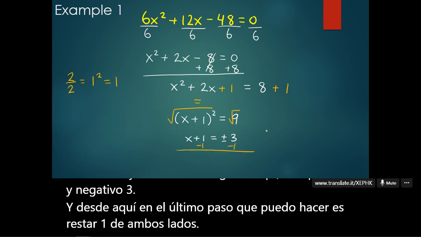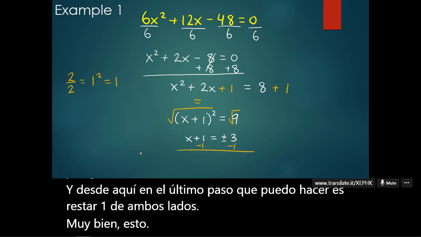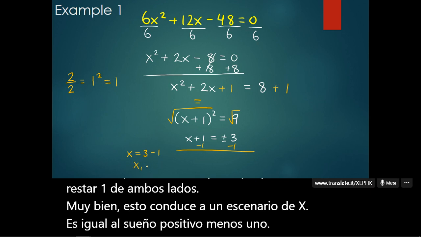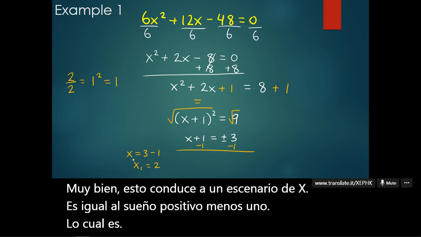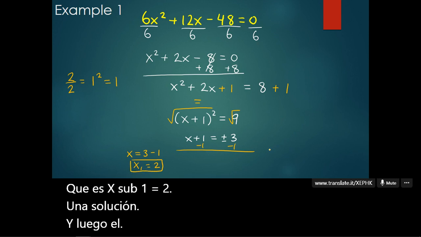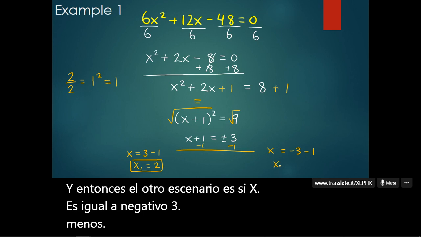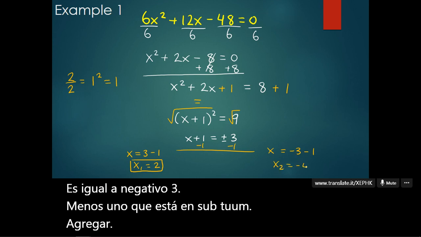So this leads to one scenario of x equals the positive 3 minus 1, which is x sub 1 equals 2, one solution. And then the other scenario is if x is equal to negative 3 minus 1, which is x sub 2. Adding these two together gives me negative 4.